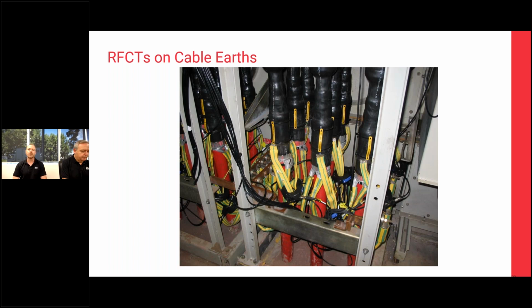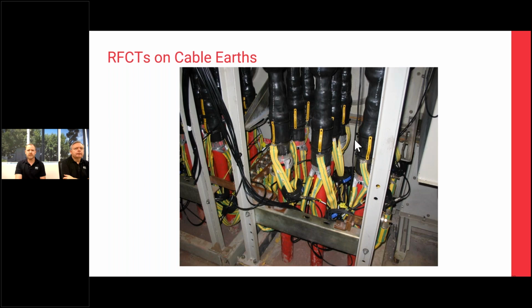They wanted early warning of PD occurring in these cables because they can't afford a shutdown. If works need to be done, they've only got periodic shutdowns that probably happen every 12 months. I'm not really sure. But this case study covers the time between two of those shutdowns.